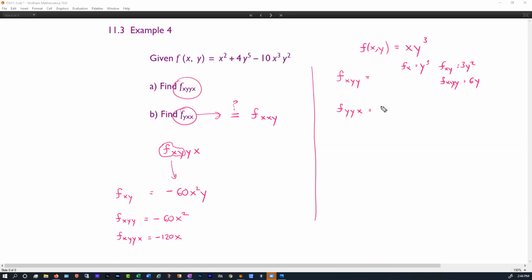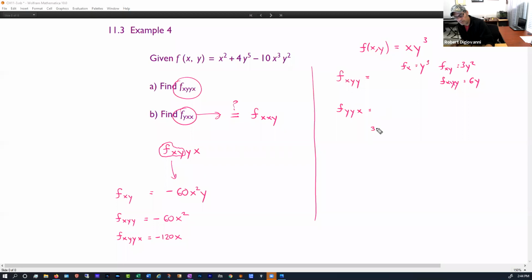Mhm. Okay, so if I do this, you know what, it's probably going to work for polynomials. Yeah, I was thinking it might. If I were to find an example, it'd have to be trigonometric. Yeah, I'm pretty sure trig will do it. Because if we do it with y first, we get 3y squared x, and then do it again, we get 6yx, and then with respect to x, we get 6y.